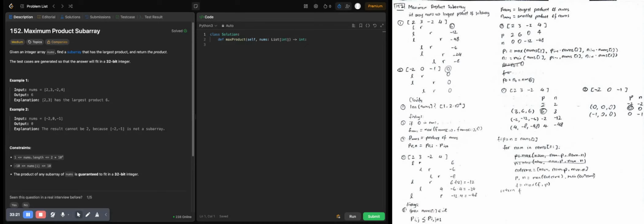Actually we take the minimum. Let me just write this down more clearly. Okay, let me do it from top to bottom instead.